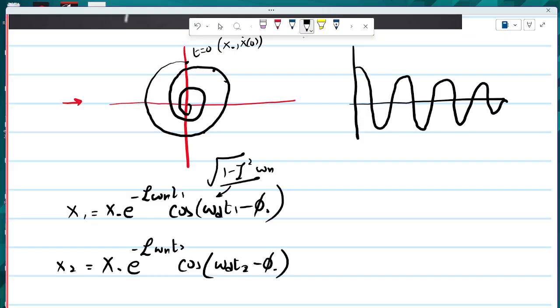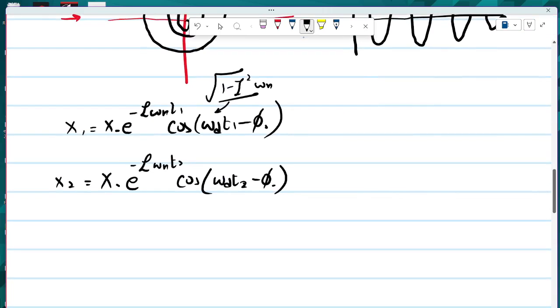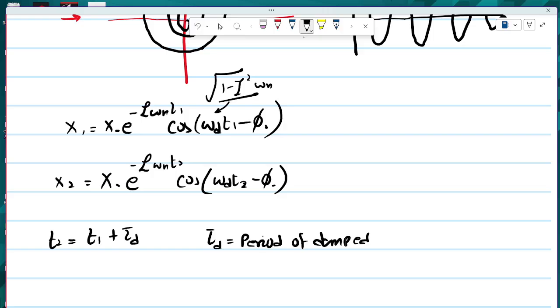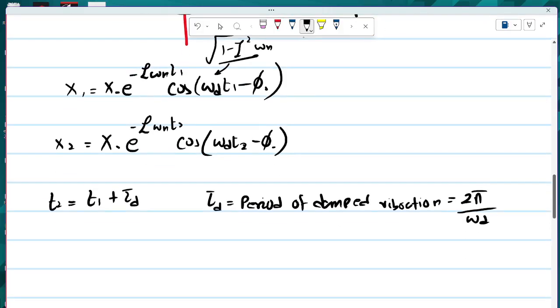So you can take the ratio of both of these, and here we can say that t2 is equal to t1 plus tau d, where tau d is the period of the damped vibration. It's the time period of damped vibration, which is equal to 2 pi over omega d. Although we usually need 2 pi over omega, this is the damped vibration time period, that's 2 pi over omega d. So we can rewrite this expression.